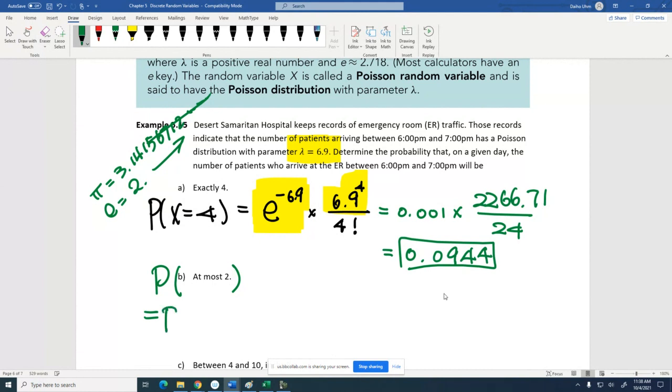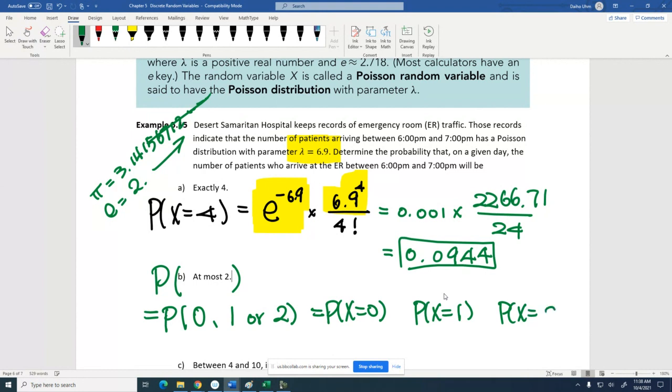It means, what is the probability of no patient, 1 patient, or 2 patients. So we can apply the probability function 3 times, at x equals 0, at x equals 1, and at x equals 2. And then we take the sum.